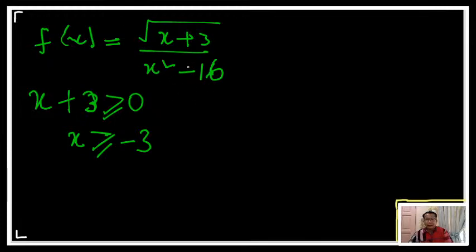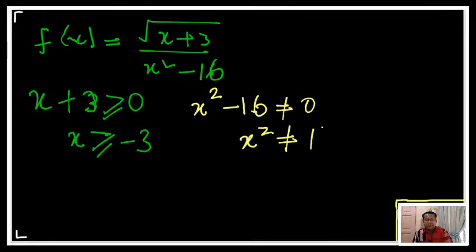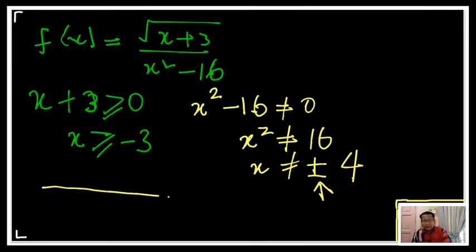And then the denominator, x square minus 16 is not equal to 0. So x square is not equal to 16, so x is not equal to plus or minus 4. We have plus minus because of the even power, the square. Now the number line.